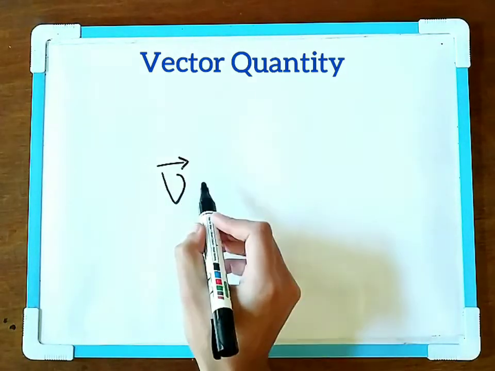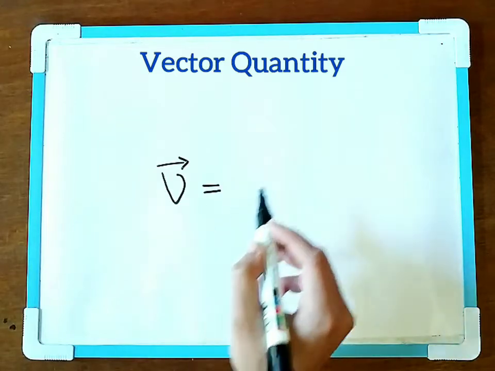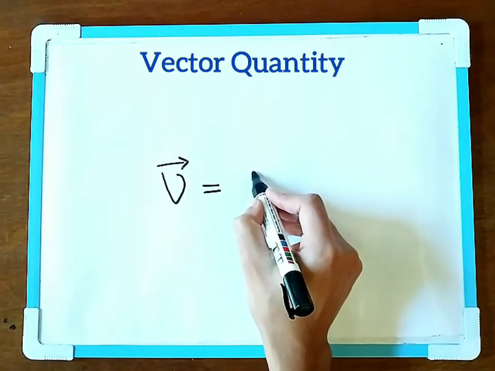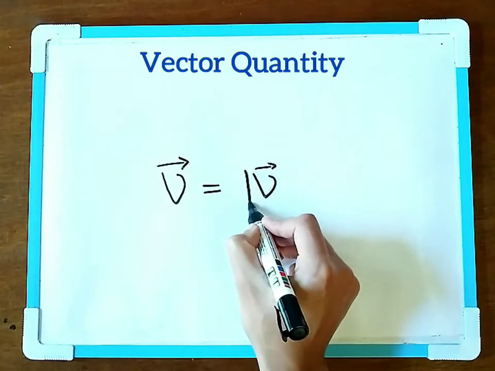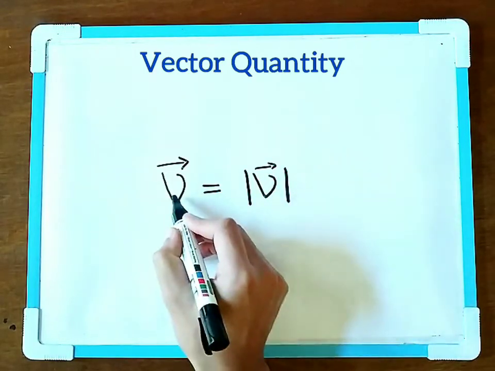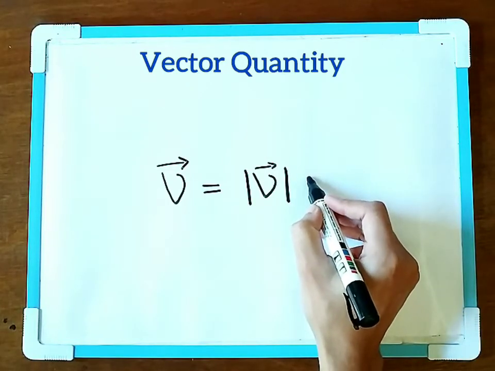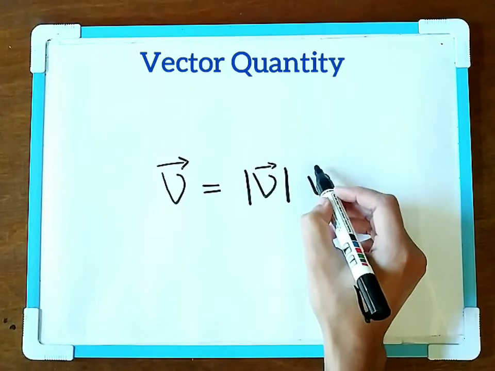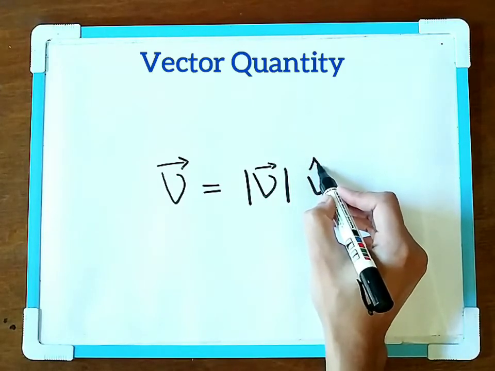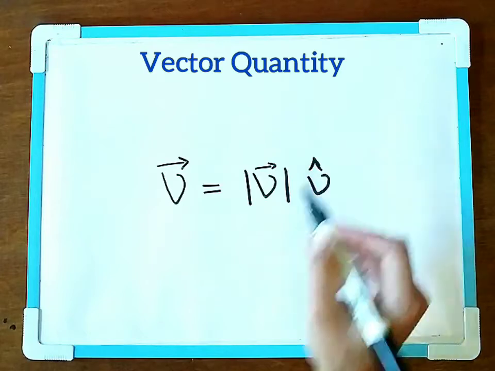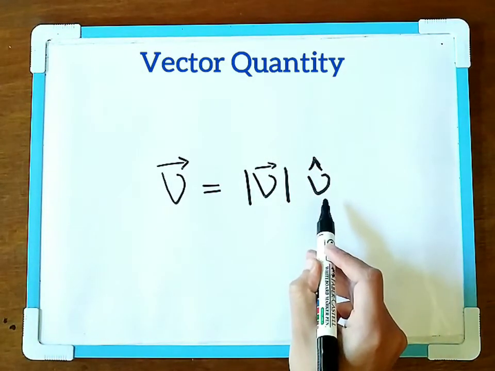The magnitude is denoted by the modulus of this V vector, and the direction is denoted by V with this small cap over the letter V. So this indicates magnitude and this indicates direction.